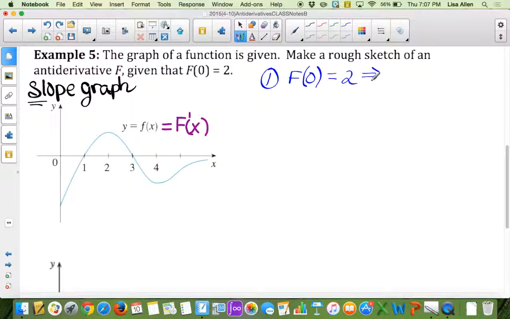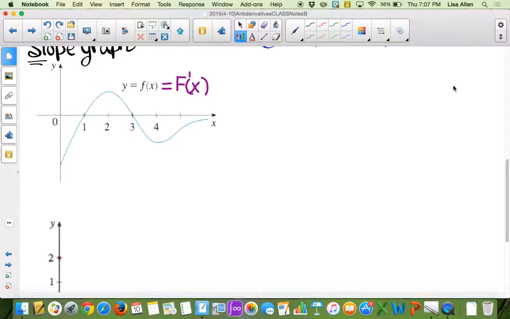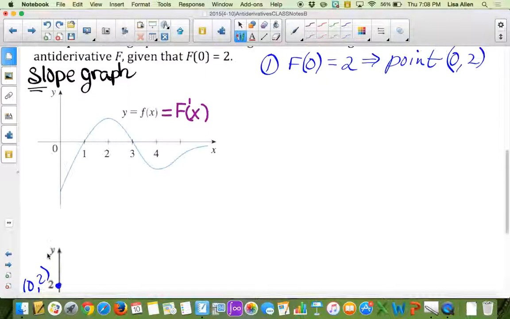That gives me at least the point 0, 2. I'm going to scroll down just a little bit and put that on the graph right here. Ooh, it looks like it's already snuck in there. But that's the point 0, 2. That gives us an initial condition where we're going to start.